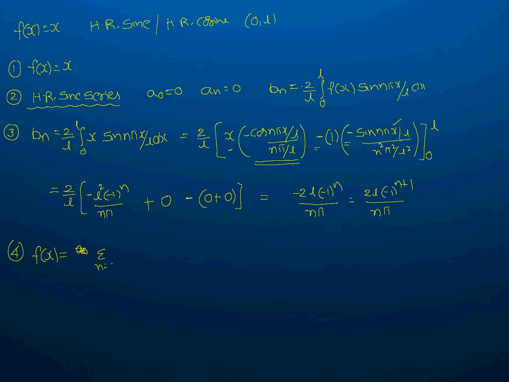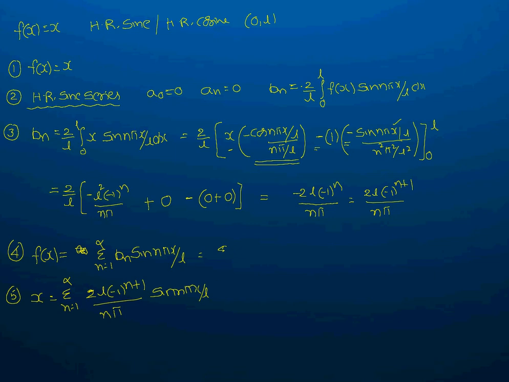Only sine series means sigma n is equal to 1 to infinity bn sin n pi x by L. That is equal to f of x. f of x means x. x is equal to sigma n is equal to 1 to infinity 2L into minus 1 whole power n plus 1 by n pi into sin n pi x by L. So this is about the half range sine series.